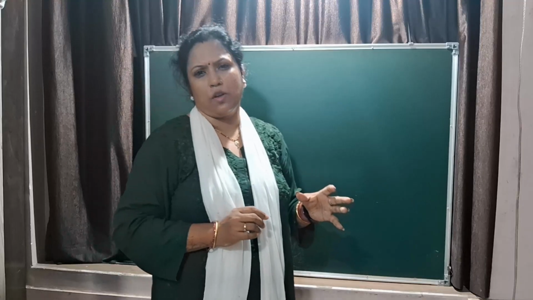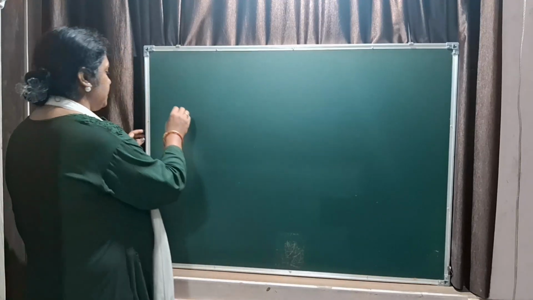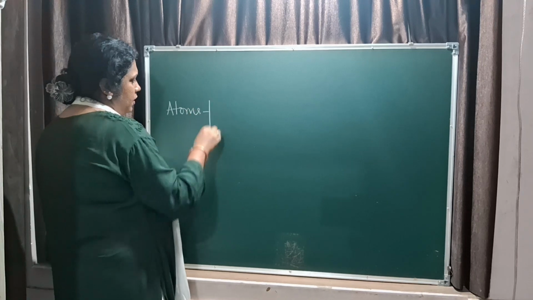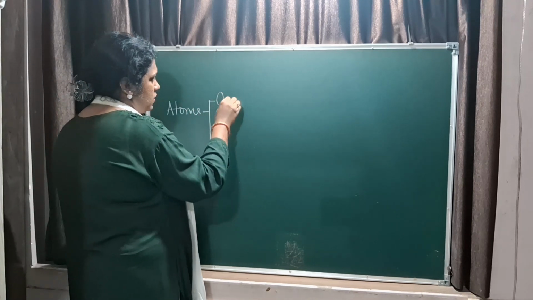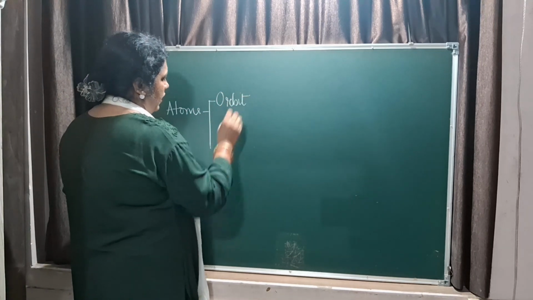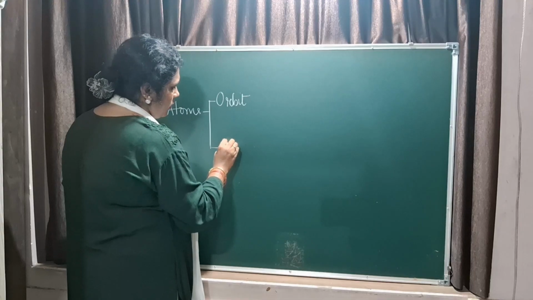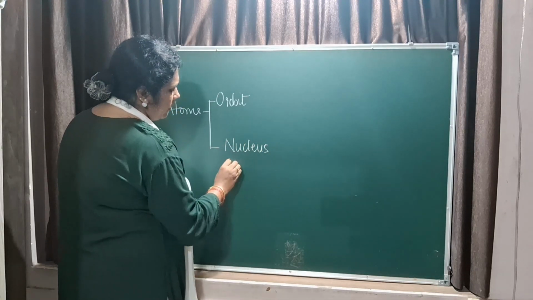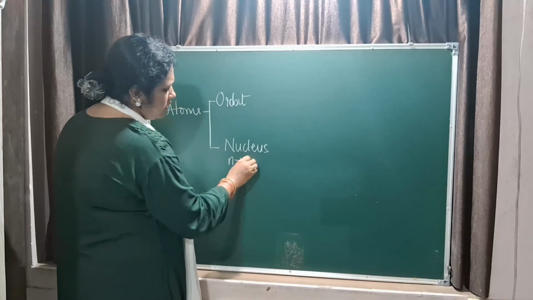Now a little bit of atomic structure. Atoms generally comprise two components: the orbits or shells, and the nucleus. The nucleus contains neutrons and protons.